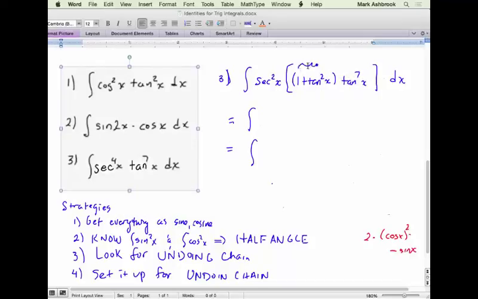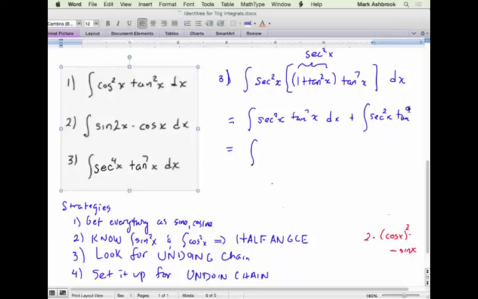So this right here is the secant squared. Now all I need to do is distribute inside those big brackets, and I have 2 terms that are both functions of tangent, and then they'll both be times secant squared, so I'll just have undoing the chain rule twice. So this will be secant squared times tangent to the 7th, and then plus secant squared times tangent to the 9th.